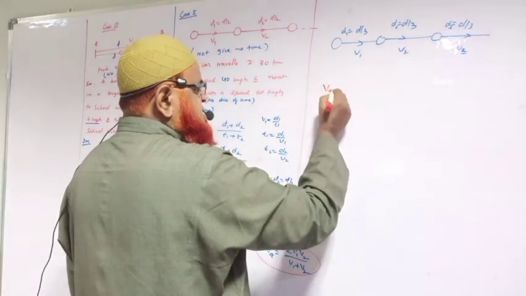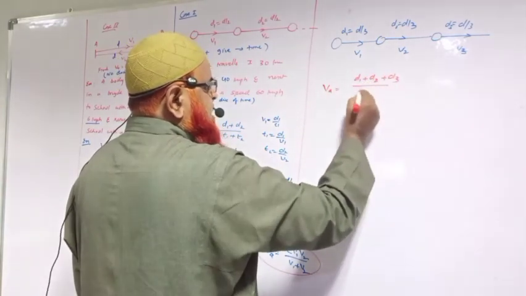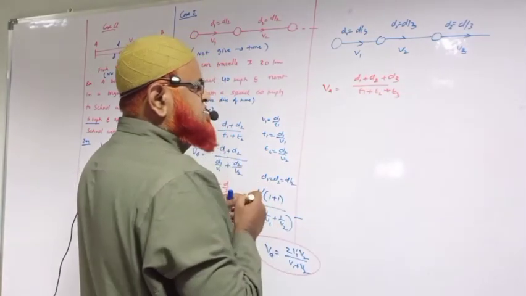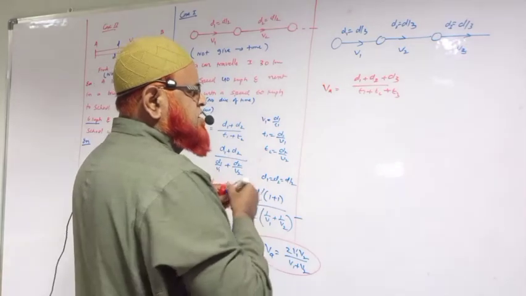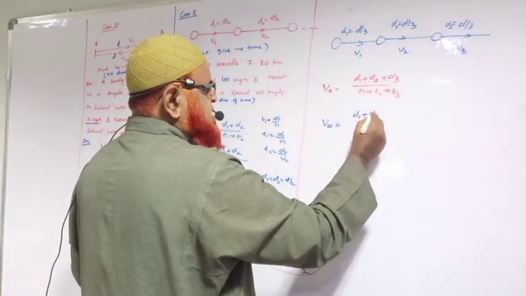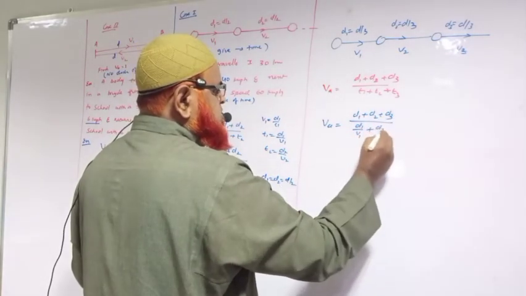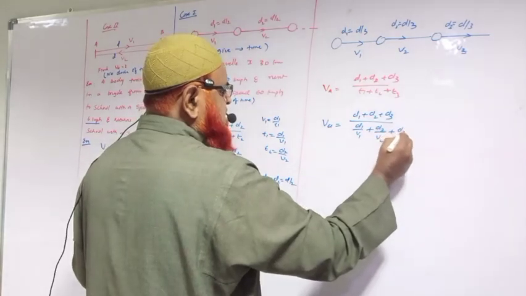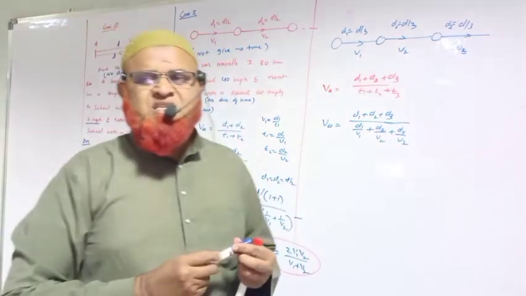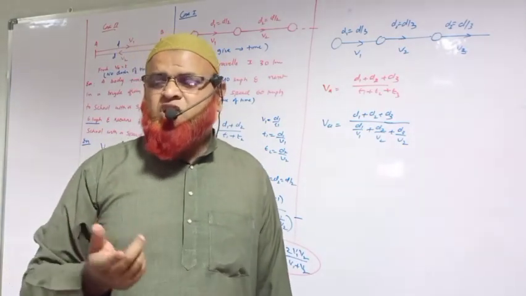You just write like this: average speed is equal to d1 plus d2 plus d3, and t1 plus t2 plus t3 is the basic formula, is it? But if you observe the situation, there is no discussion of time here. So we're going to do here, V average is equal to d1 plus d2 plus d3 by d1 by v1 plus d2 by v2 plus d3 by v3. If you are a good mathematics student, then you can just tell me the formula directly. What is the formula?